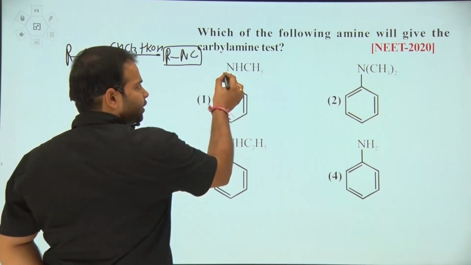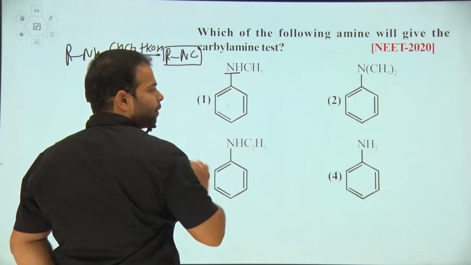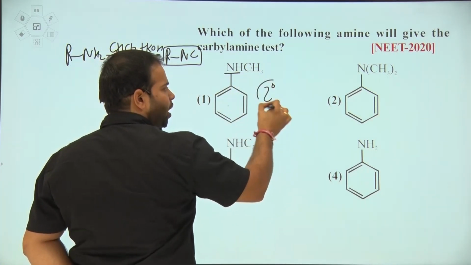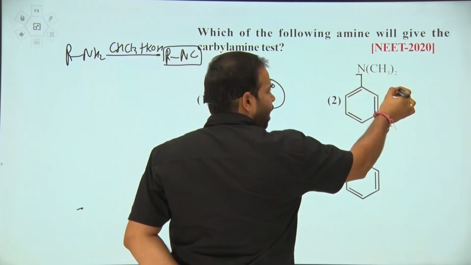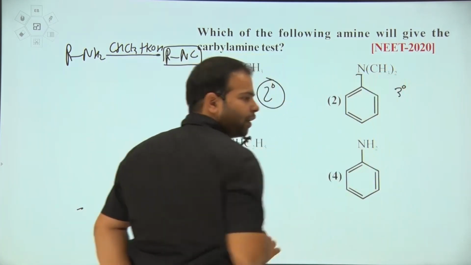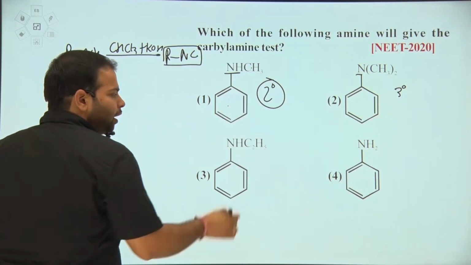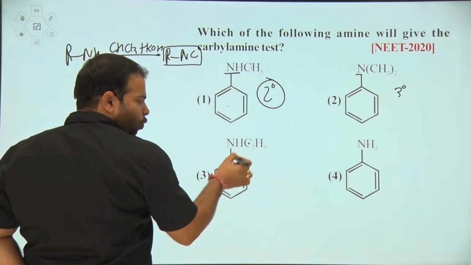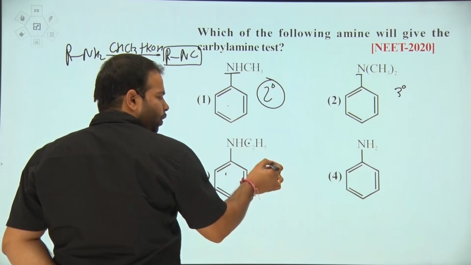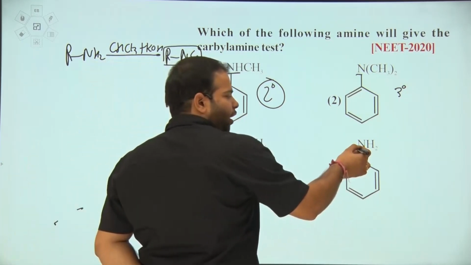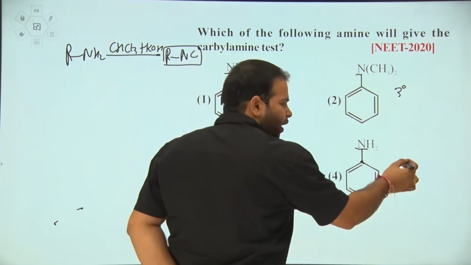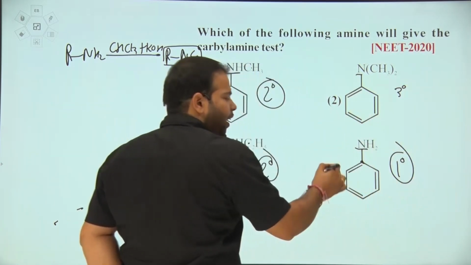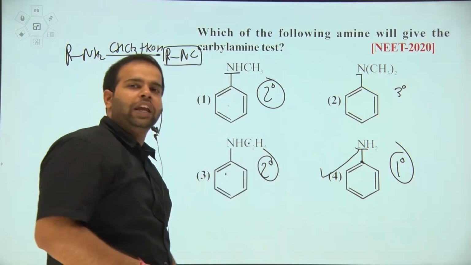First of all, in this case, this nitrogen is attached with 2 carbon atoms, means it is a 2 degree or secondary amine. In this case, nitrogen is attached with 3 carbon atoms, means it is a 3 degree or tertiary amine. In this case, nitrogen is attached with 2 carbon atoms, then it is a 2 degree amine. And in the last one, nitrogen is attached with only 1 carbon. That's why it is a 1 degree amine. So it will give the carbylamine reaction. So the answer should be 4th. Clear?